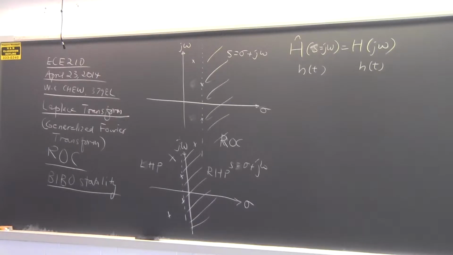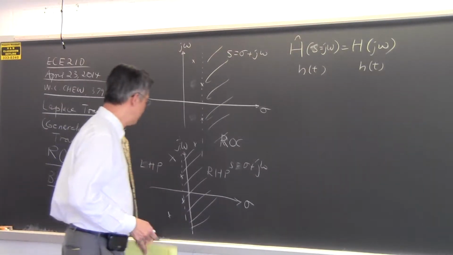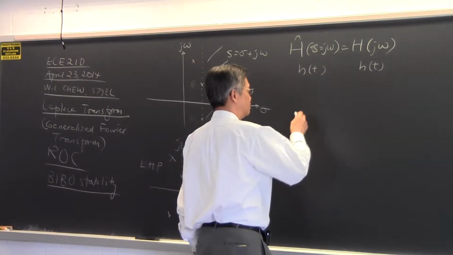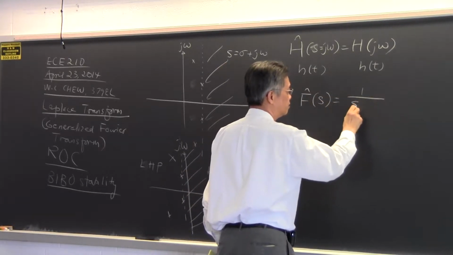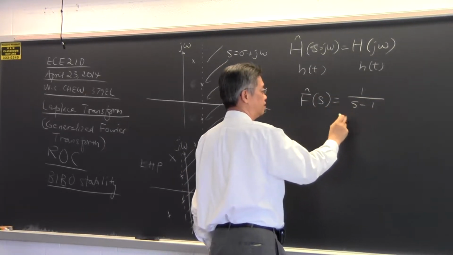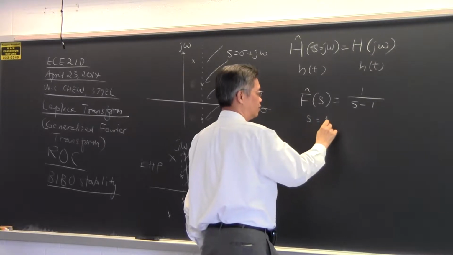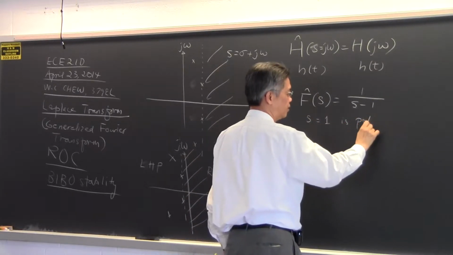Yes? Can you explain again exactly what a pole is? A pole is a point where the function, like the Laplace transform, goes to infinity. So s equals 1 is the pole location.